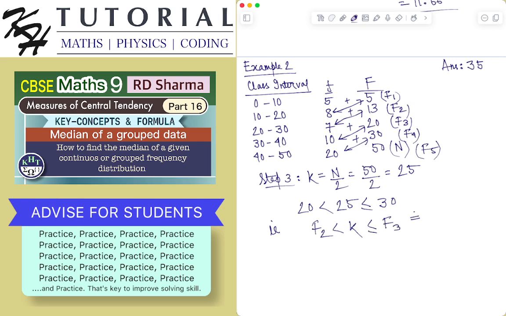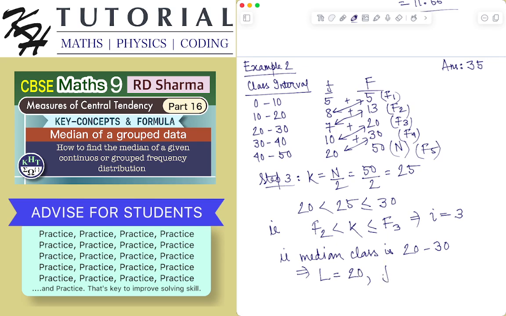So this implies I is 3. That is, the median class is the class interval in the third row, which is 20 to 30. This is the median class. So this implies L, capital L, the lower limit of the median class, will be 20.